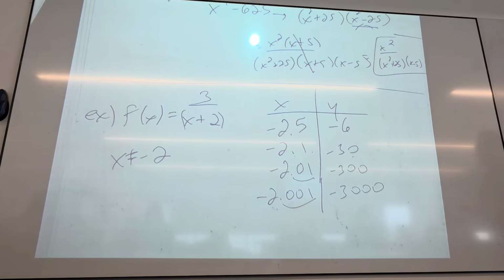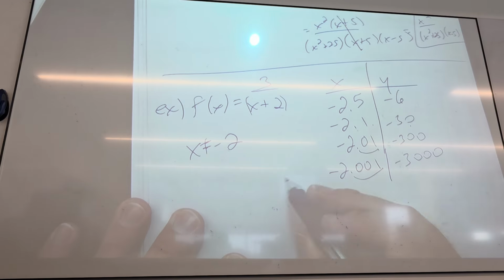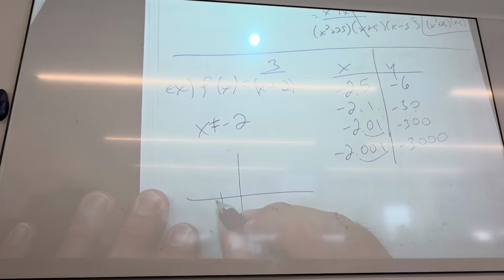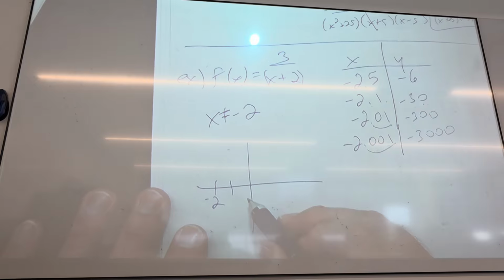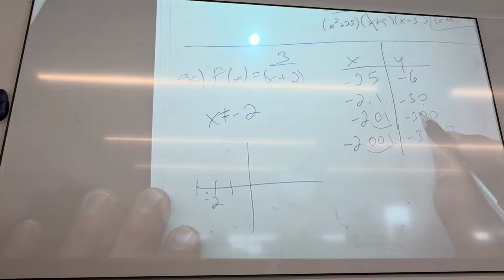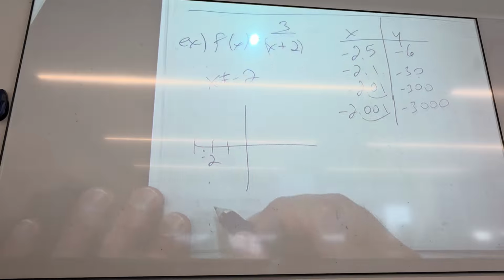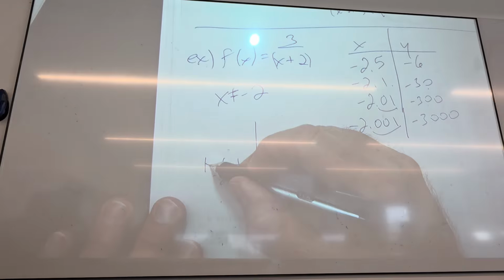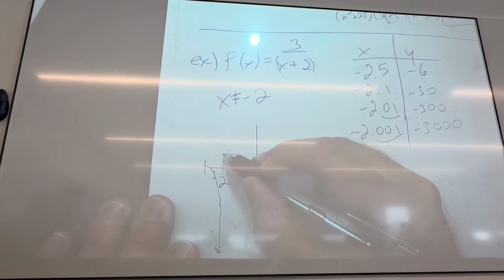It's shooting down forever, yes? So let's make a not-to-scale graph of what we know so far. As I approach negative 2, negative 2.5 gives negative 0.6, negative 2.1 gives negative 30, negative 2.01 gives negative 300, negative 2.001 gives negative 3,000. It is just dropping.